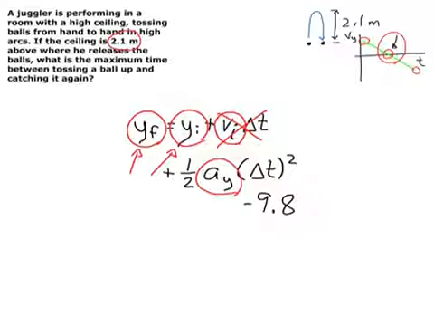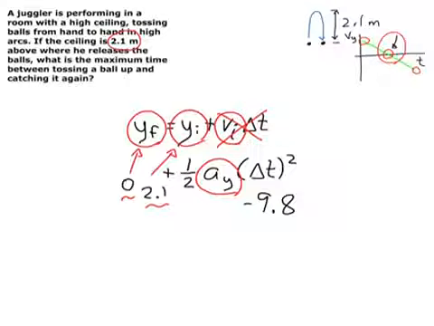And if we're throwing the ball as high as possible, the initial position is 2.1 meters above the ground. The final position is back in the juggler's hand. Let's take that as our 0. So it starts out at a height of 2.1 meters, finishes at a height of 0 meters. And so it's dropped by 2.1 meters. That's just right. We have all the variables that we need in this equation.